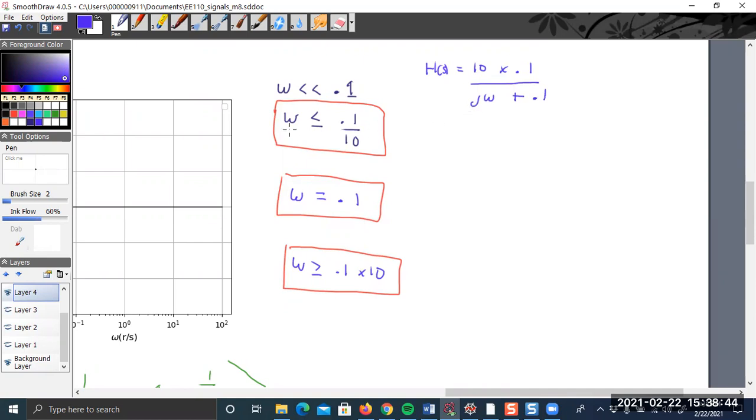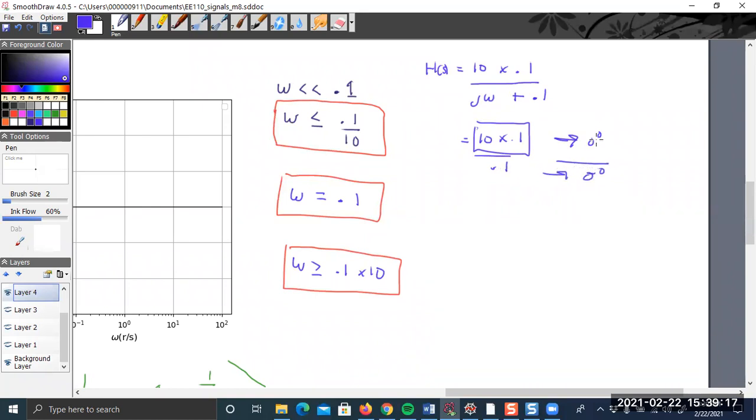So if omega is a lot less than 0.1, the assumption being it's just a tenth, right? Then what happens? Well, this j omega drops out, and we get 10 times 0.1, 0.1. What's the phase of this? 0 degrees. It's all real. What's the phase of this? 0.